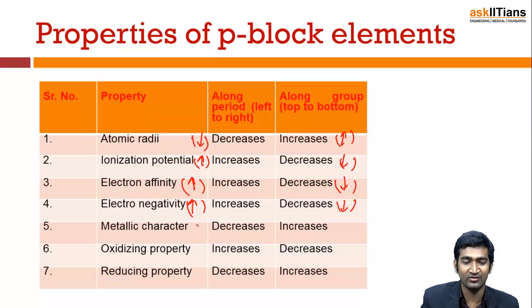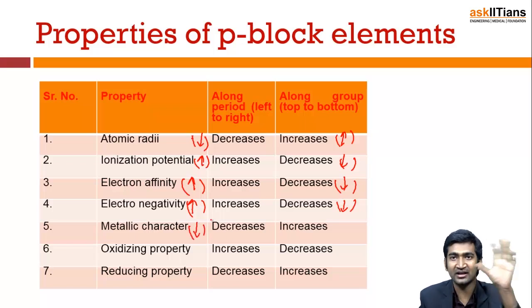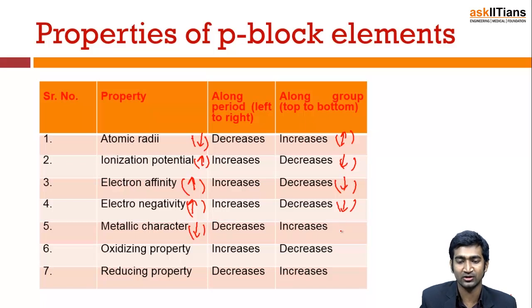Metallic character obviously will decrease, since metals are on the left side, as I told you right now, and it will increase down the group. Oxidizing property will increase, and top to bottom it will decrease. Reducing property will decrease, and top to bottom it will increase.